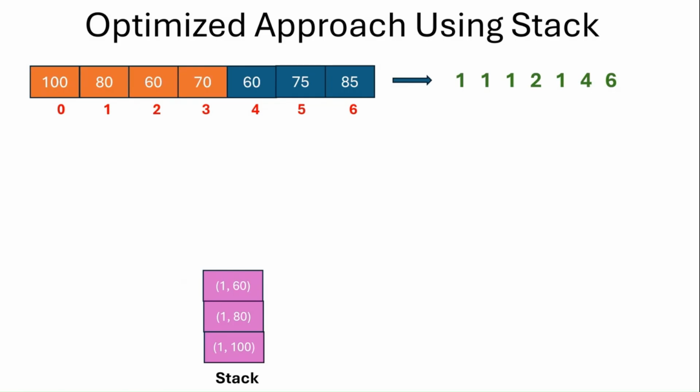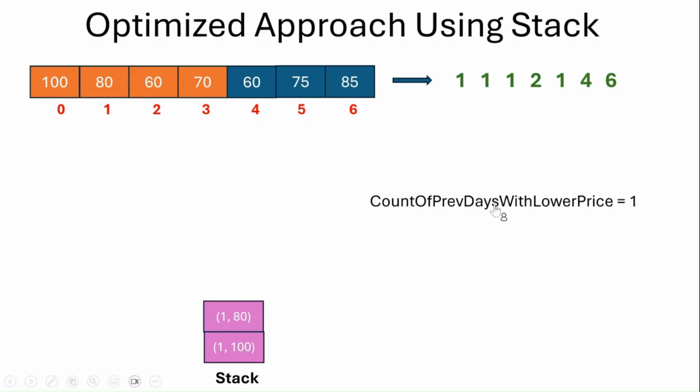And when the next day comes with the stock price 70, we see that the previous day the stock value was 60, which is less than 70. So we'll remove it from the stack, and this one we will maintain in a variable called count of previous days with lower price, equal to 1.